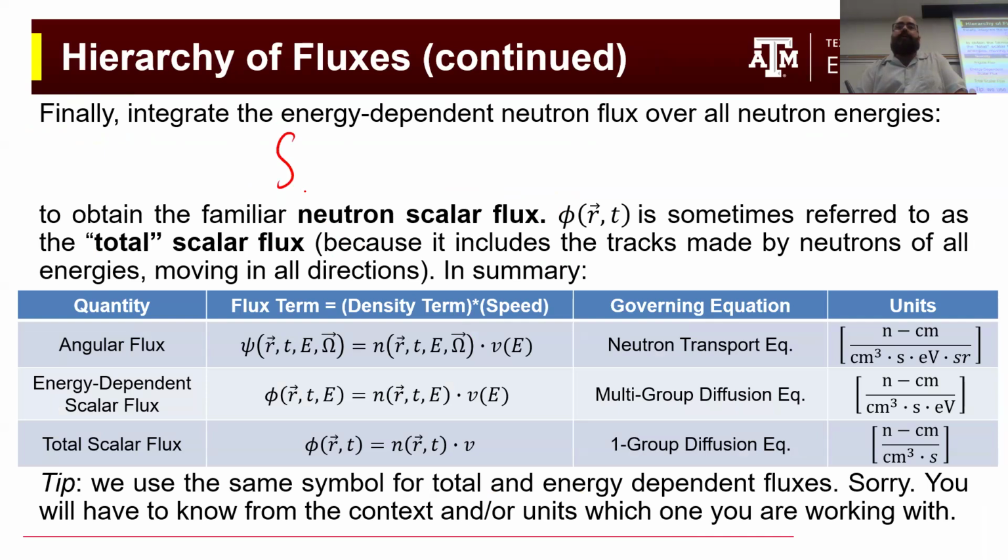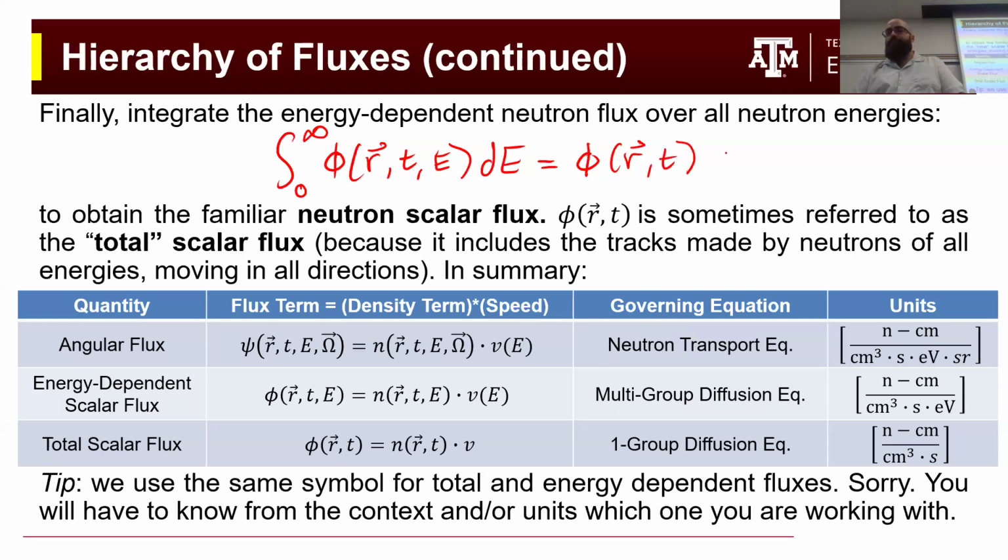If we took that energy dependent flux, a function of position, time, and energy, and integrated it over all energies, that would give us the plain old scalar flux, which would just be a function of position and time. So that's part of the hierarchy of the fluxes. The scalar flux is the easiest distribution to work with because it only depends on position and time.